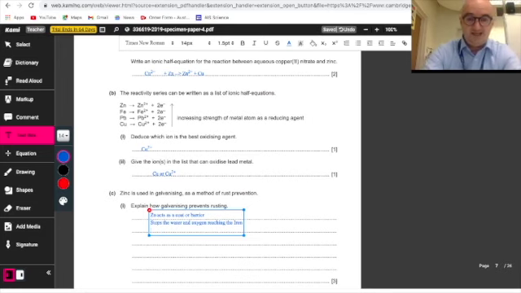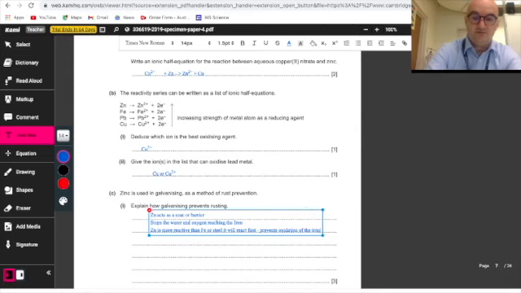Now, because zinc is more reactive than iron or steel, it will react first. Therefore, it prevents oxidation of the iron or steel.